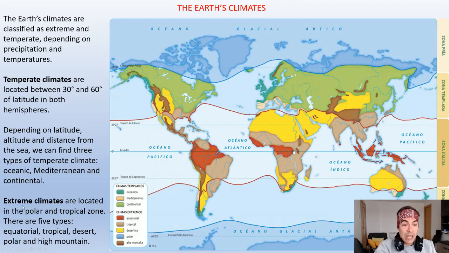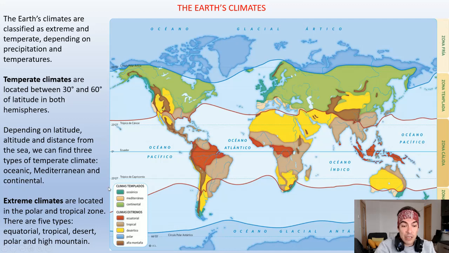The temperate climates are located between 30 degrees and 60 degrees of latitude in both hemispheres. So this is the temperate zone. I couldn't find the map in English, so I have to use the map in Spanish. This is the temperate zone of the northern hemisphere, and this is the temperate zone of the southern hemisphere. Depending on latitude, altitude, and distance from the sea, we can find three types of temperate climate.